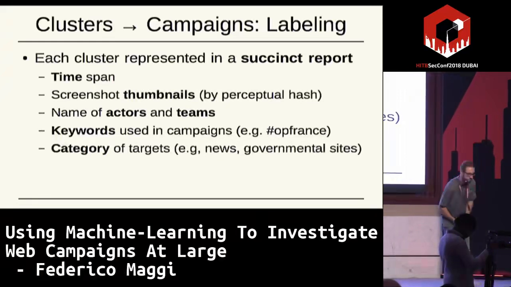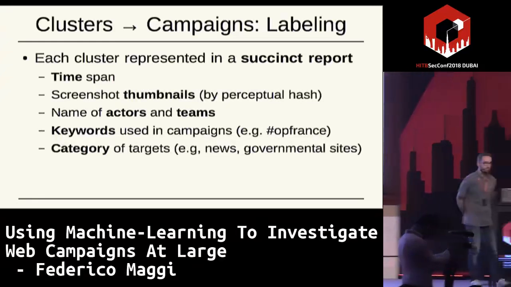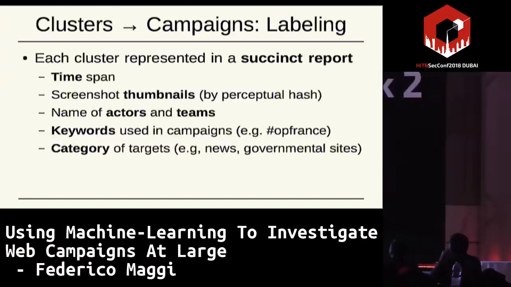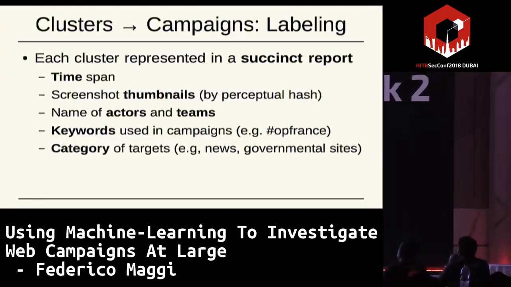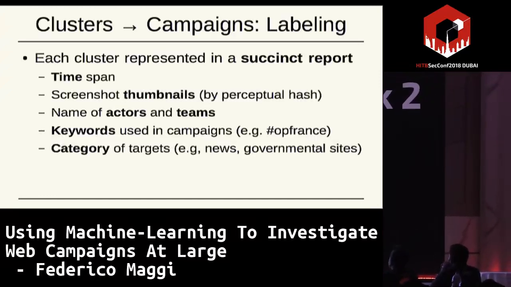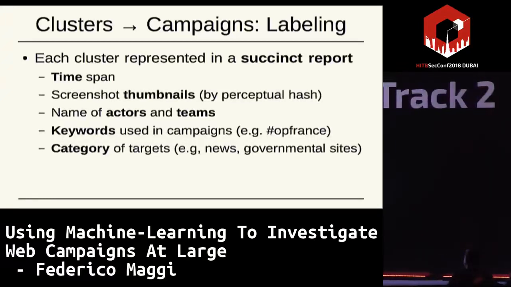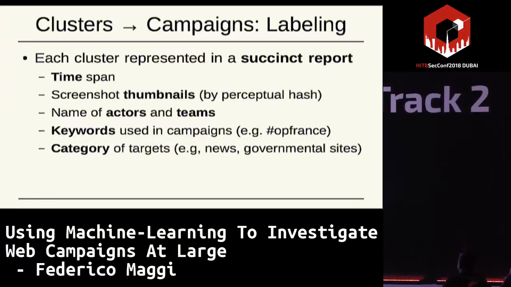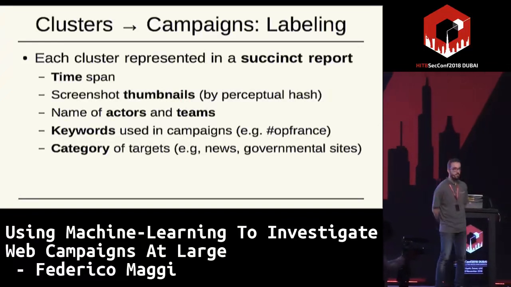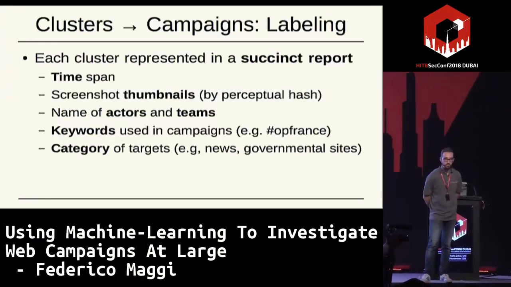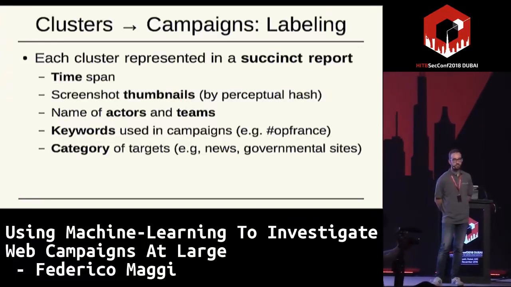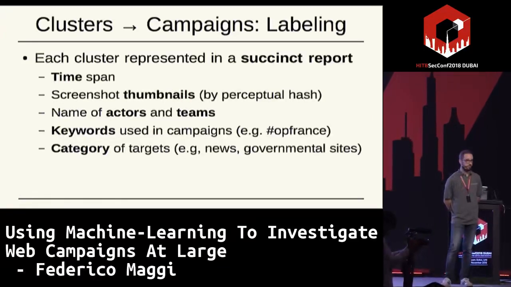What I have understood from your talk is that you are parsing the HTML file, extracting all the keywords and features out of it, and feeding them to the machine learning models. But I have personally seen cases where attackers are heavily obfuscating the HTML pages.